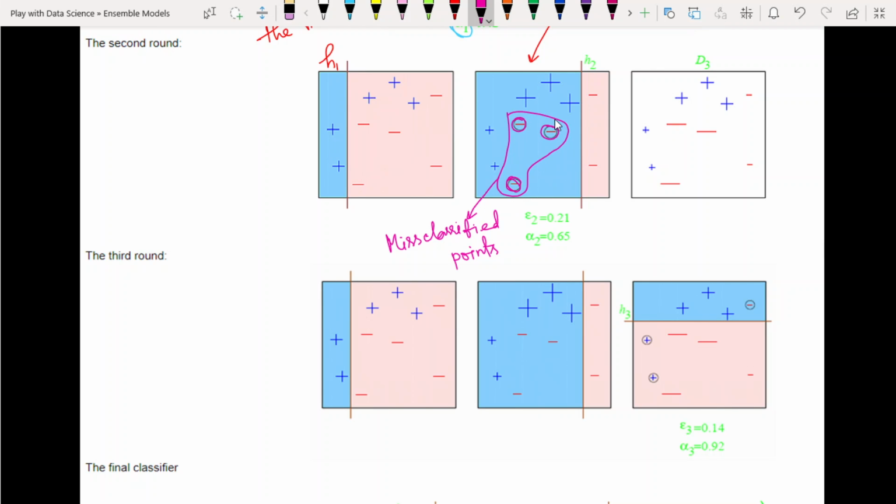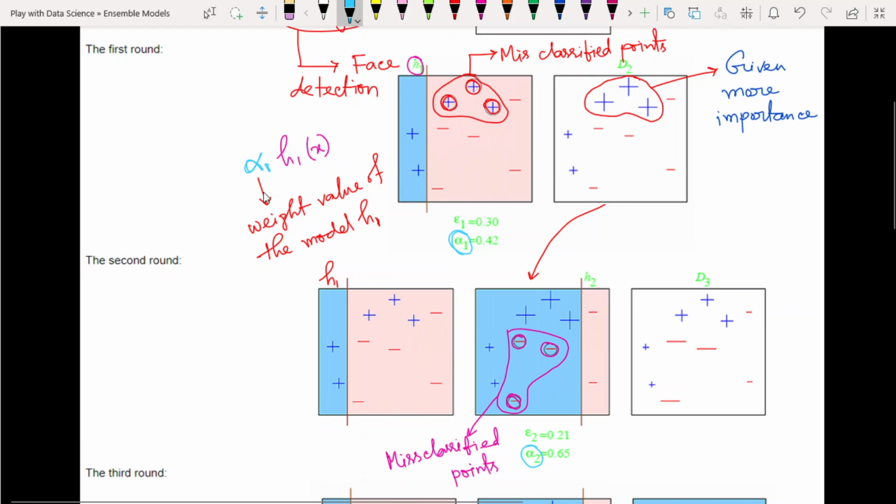Because it has not done the correct job for these 3 points, we have given more importance to these misclassified points and built the data set D3. And according to our accuracy value, we have found the weight of this model H2. So here our weight value for this model H2 is alpha 2.